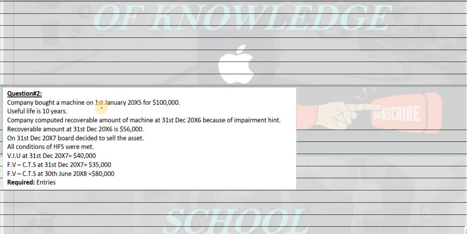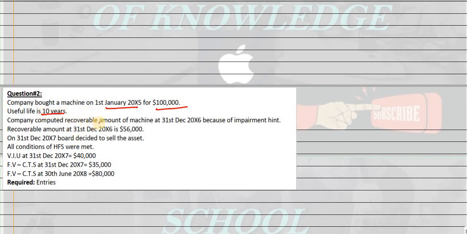Here we have again a question, and this is a machine. We bought a machine on 1st Jan 2005, and the amount is $100,000. Okay, now the useful life is 10 years.